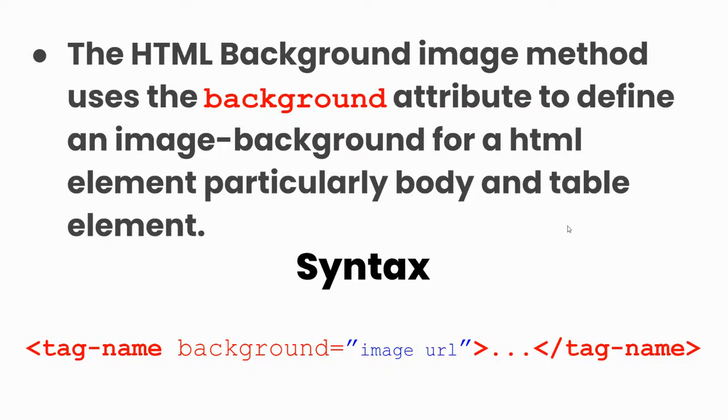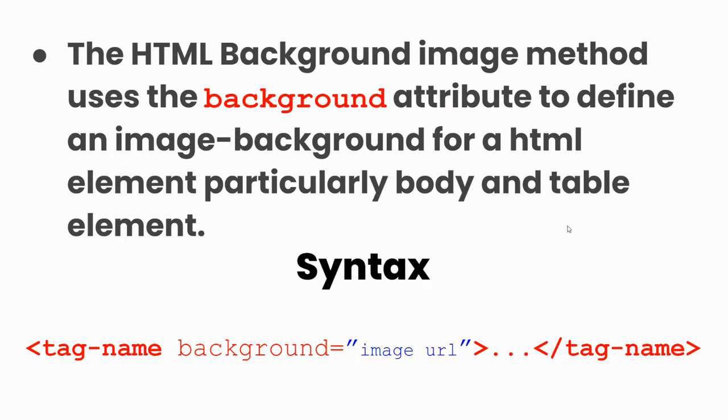So the next section is the HTML background image. Like I said before, aside from using colors on the background, you can also use a particular image on the background too. And the HTML background image attribute allows you to do that. The HTML background image method uses the background attribute to define an image background for an HTML element, particularly body and table elements.